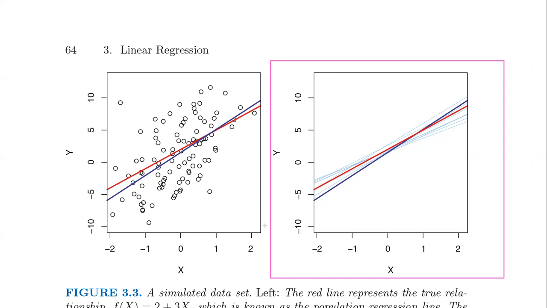So it has tried to approximate the red relationship, which is the true relationship, which is the relationship we won't have in practice, for the simple reason that if you knew the true relationship, then why create a model in the first place? But 10 times, in what sense 10 times? Each time based on a different data set.